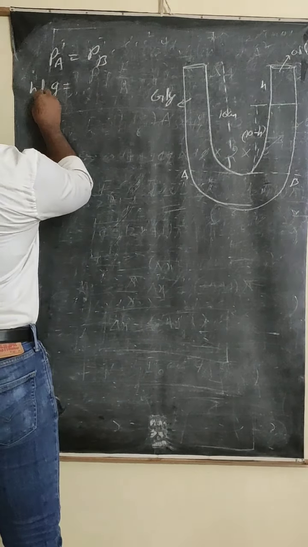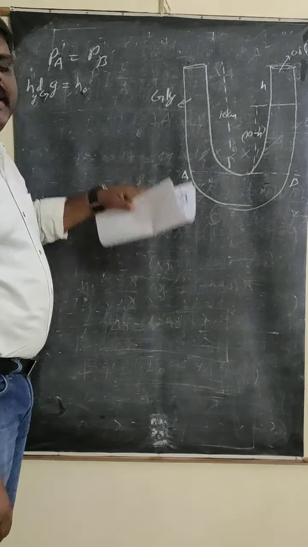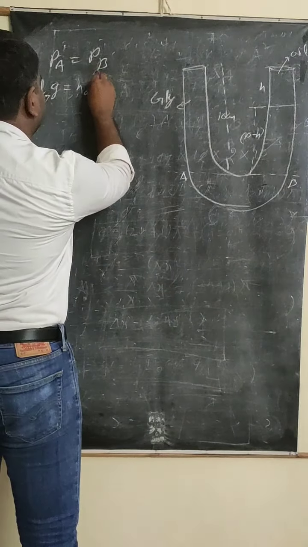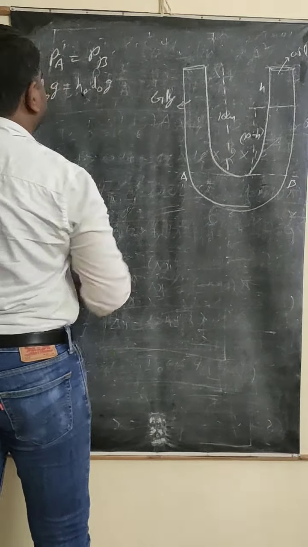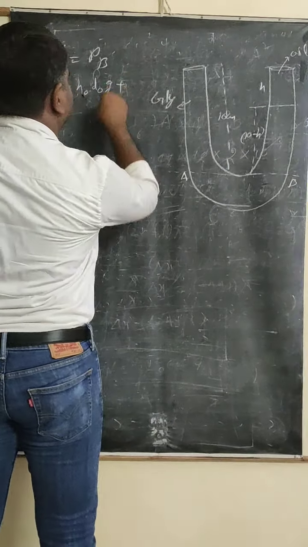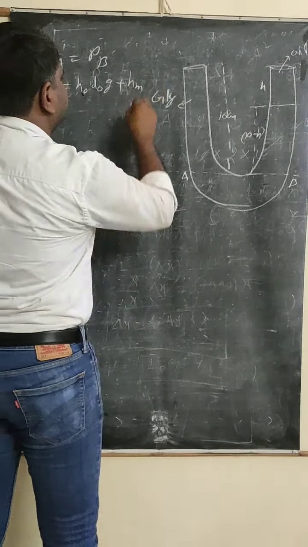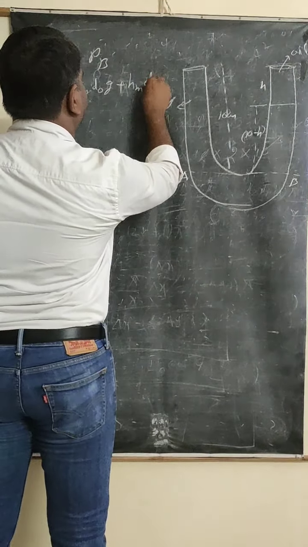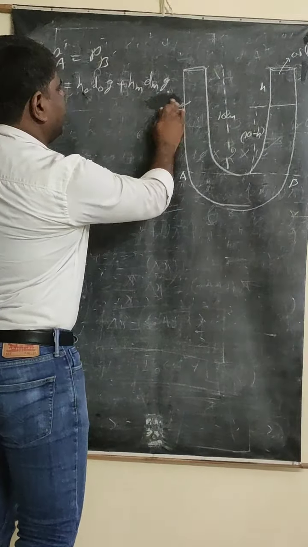Next it will be Ho, where Ho represents height of the oil, and Do density of the oil, into G, plus density of mercury. So height of the mercury column, density of the mercury, and the G. Okay. So what is going to be cancelled here?